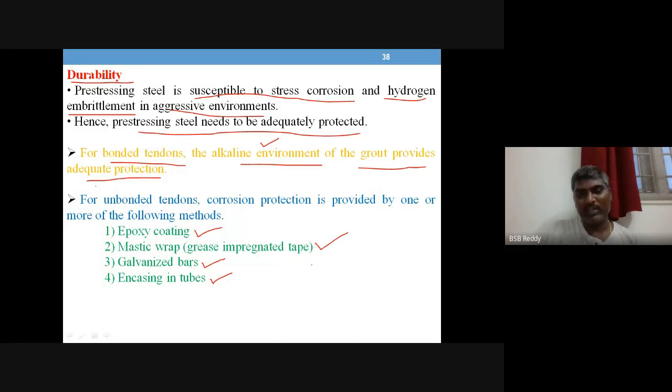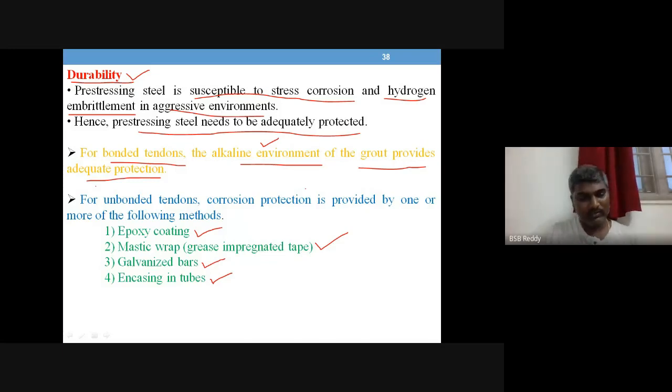A grease-impregnated tape wrapped around the steel bars can give protection against aggressive environmental attacks and improve durability. So prime is epoxy coating, or else mastic wrap, galvanized bars, or encasing in tubes, which can protect from aggressive environments.